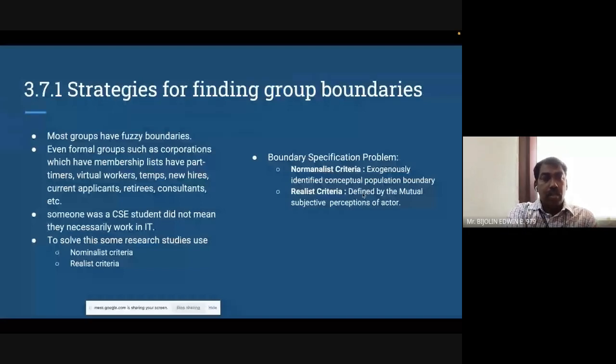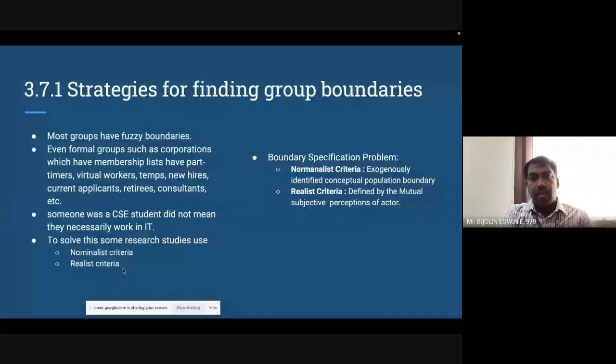Some research studies use the concept of nominalist criteria and realist criteria. Realist means however it has happened, they work based on that. Nominalist means prediction-based.